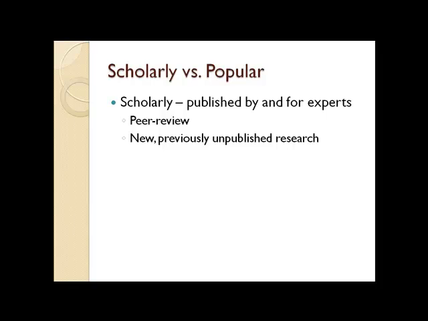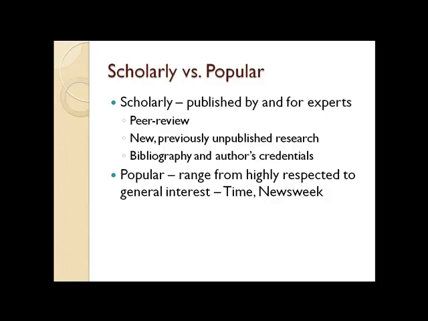These are people that have spent their time doing some sort of experiment or study that's related to their area of expertise, and what they're publishing is the results of what they've been working on. Also, in scholarly sources, you often see a bibliography, so it's going to tell you all the sources that they used to write that, and then it's also going to list that author's credentials, where they're studying or where they're teaching or where they're researching.